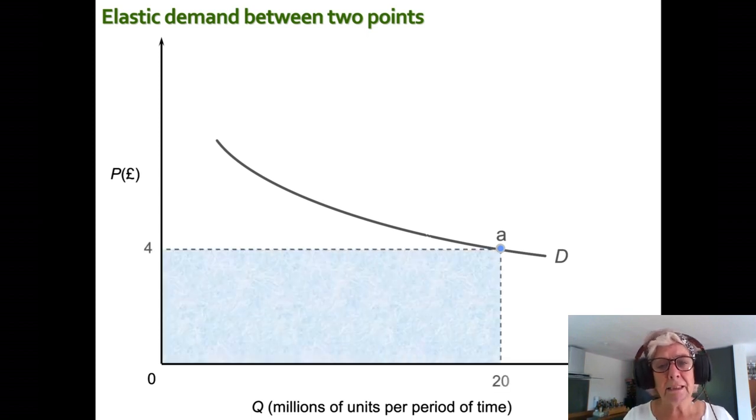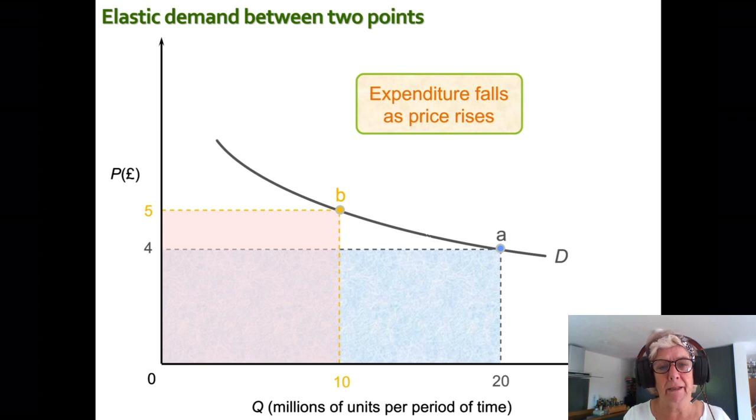Okay, let's have a look at the same thing on an elastic demand curve. In this case, we can see our consumer expenditure when the price is at point A. If price goes up to point B, so price has only gone up from £4 to £5, it's gone up a little bit. See how the total consumer expenditure changes, the total business revenue changes.